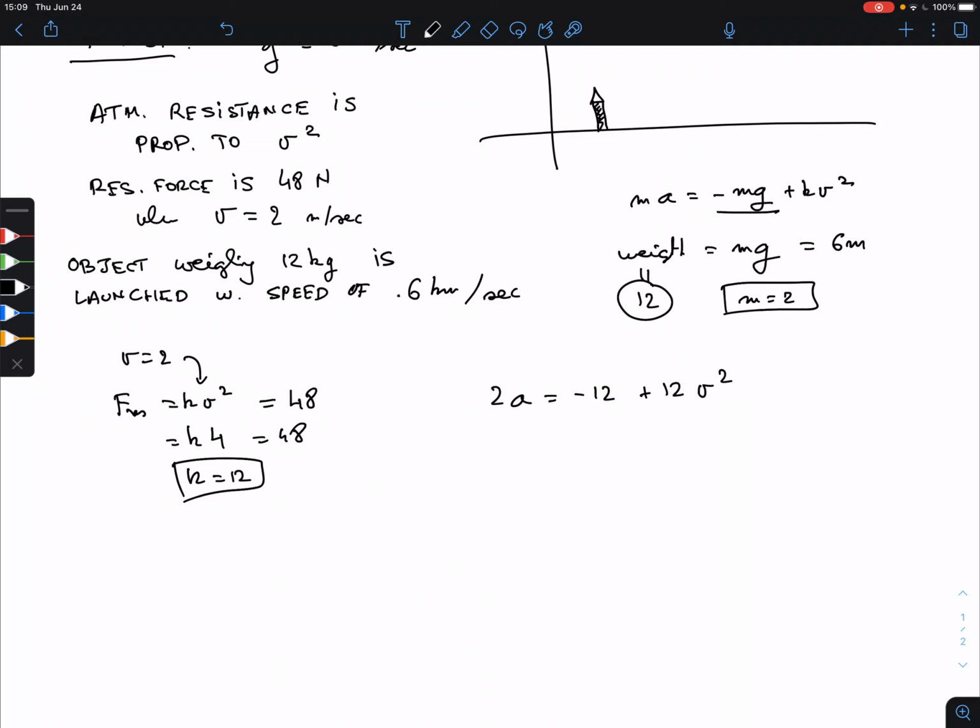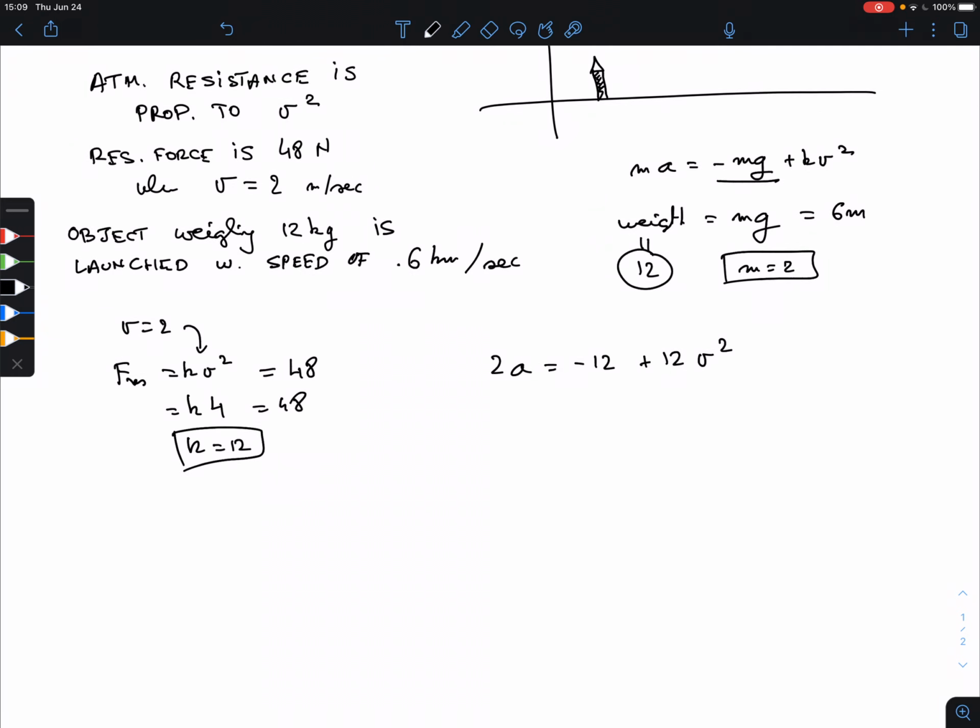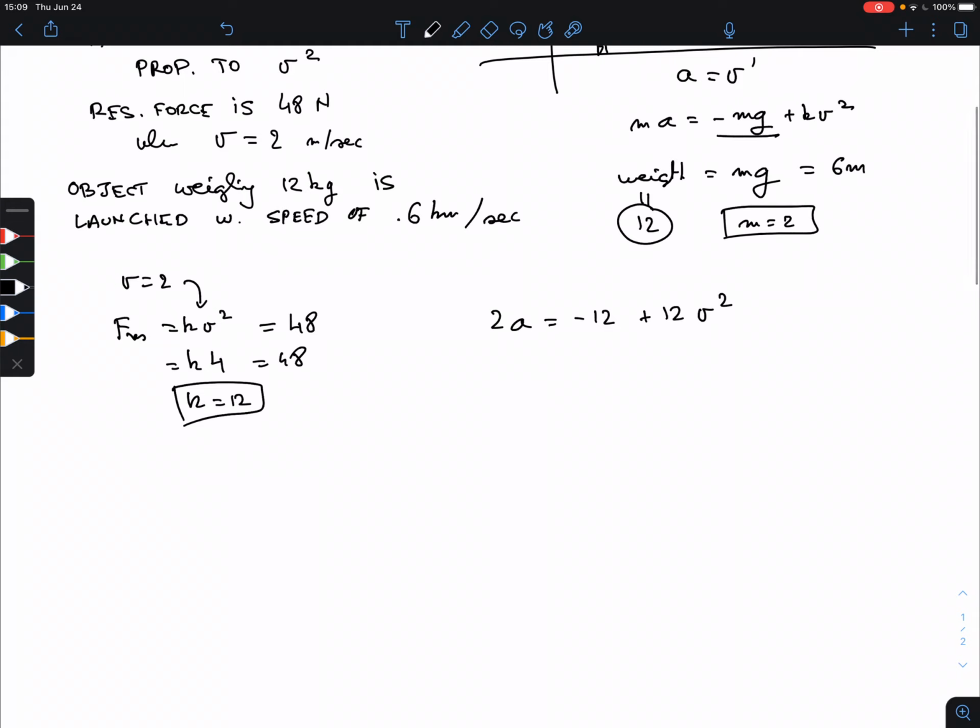Now, what is a? a is the double derivative of position, therefore the derivative of velocity. So a is v prime. Our equation, we can divide by 2: v prime is equal to, we can put out the 12 and then divide by 2, that's 6 times v squared minus 1.